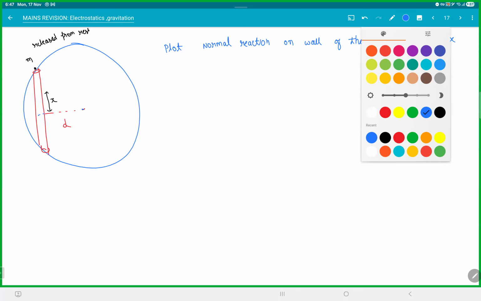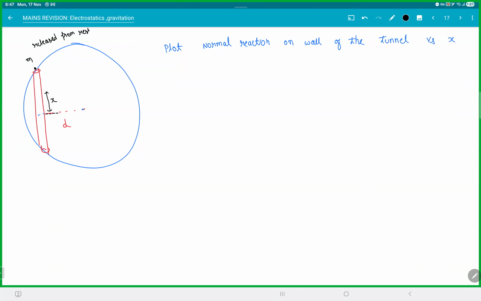I can ask you time period also, but I hope you remember that time period remains the same, independent of where you dig the tunnel. Time period is independent of the d distance. The normal reaction is a good question though.